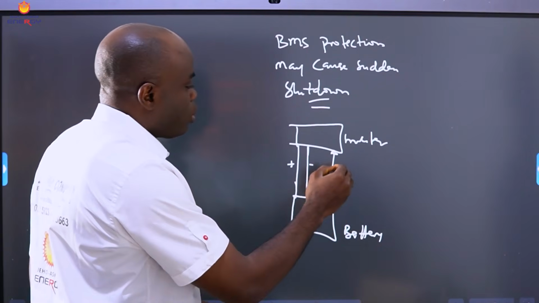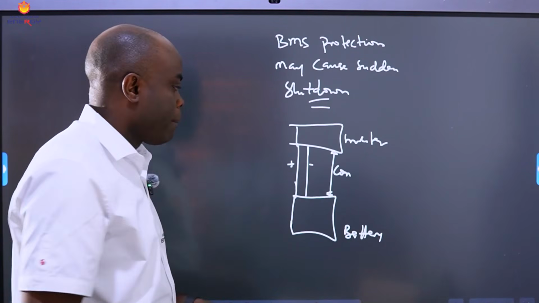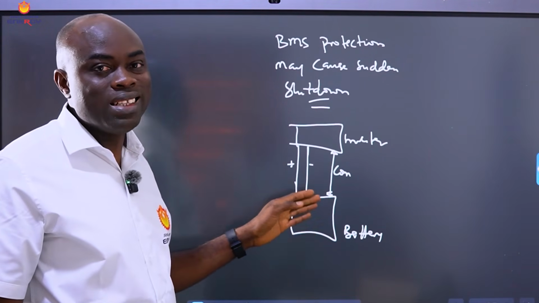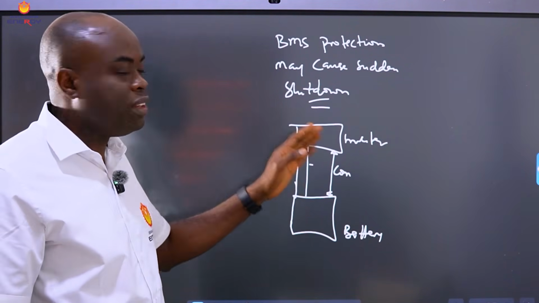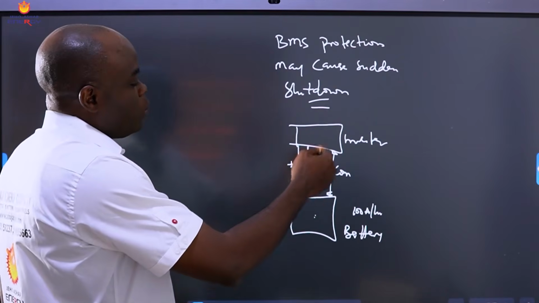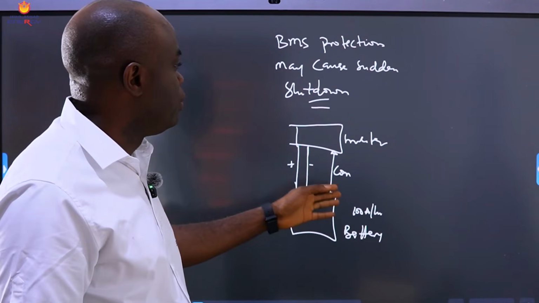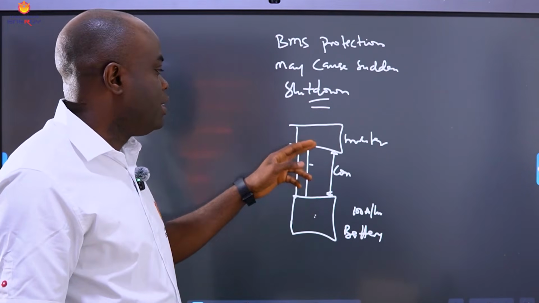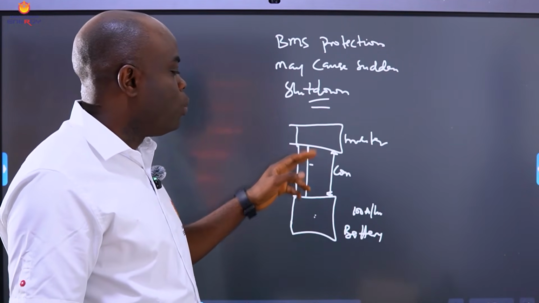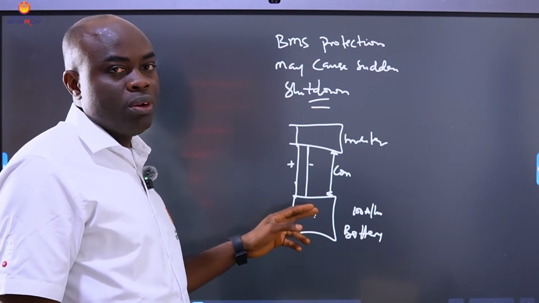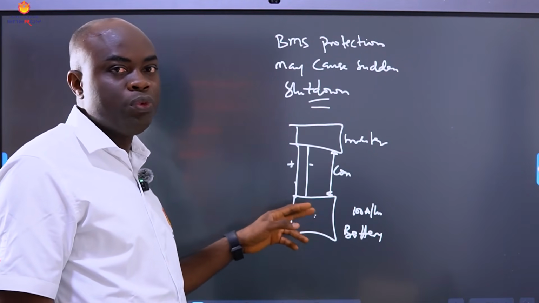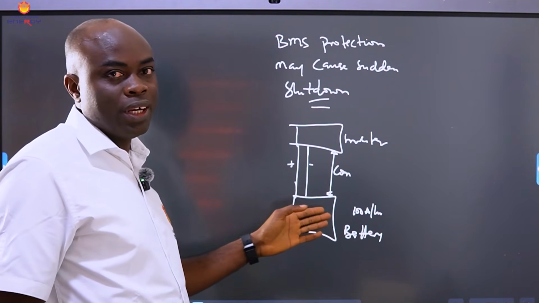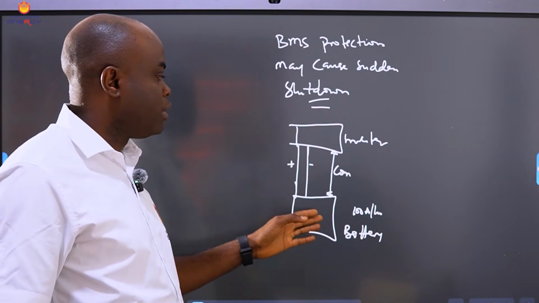When you have your communication cable in between them, it helps to shut down the BMS and disconnect the load or the inverter from it. So without this communication cable between your inverter and your battery, the inverter would not know that so much bad current is being put from the battery, which of course there's no way the battery can tell the inverter because there is no communication in between them.